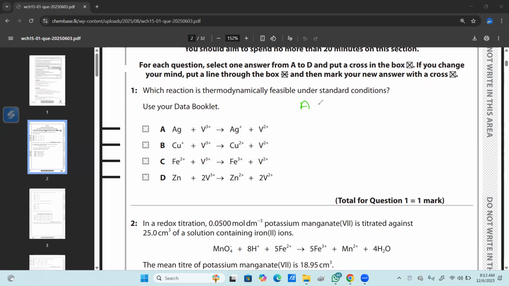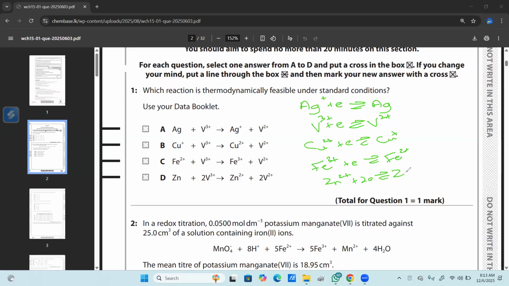I'll write down the E0 values they have given in all four reactions, and the E0 values are given as reduction potentials. So I'll write all the reactions as reduction reactions. Cu2+ with 2e giving Cu, then we have Fe3+ with e giving Fe2+, Zn2+ with 2e giving Zn.